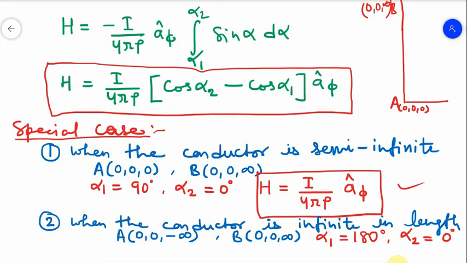So in that case your H will be equal to I upon 2 pi rho, and this along a phi. Okay, so this is the magnetic field intensity, and these are the two special cases for the straight conductor.